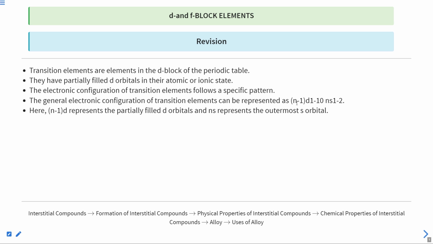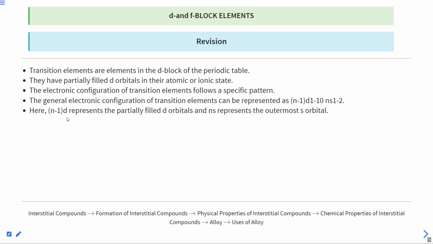First of all, it is (n minus 1)d, which can have 1 to 10 electrons, then ns 1 to 2 electrons. Suppose we are in the 6s, then the corresponding d orbital will be 5d. We know very well that the d subshell can accumulate 10 electrons, and similarly the s subshell can accumulate 2 electrons.